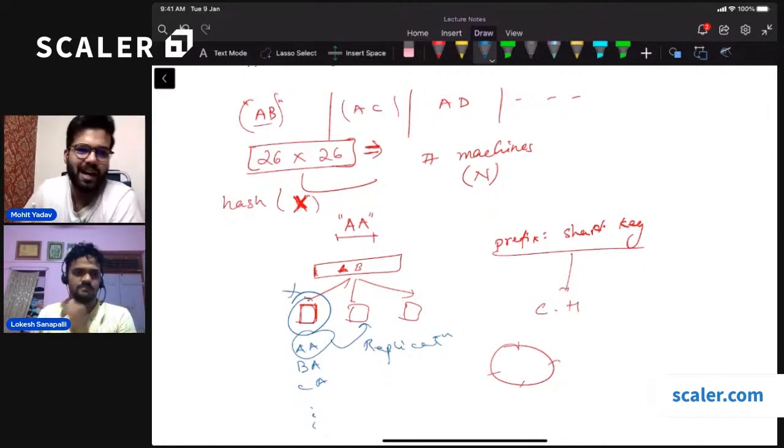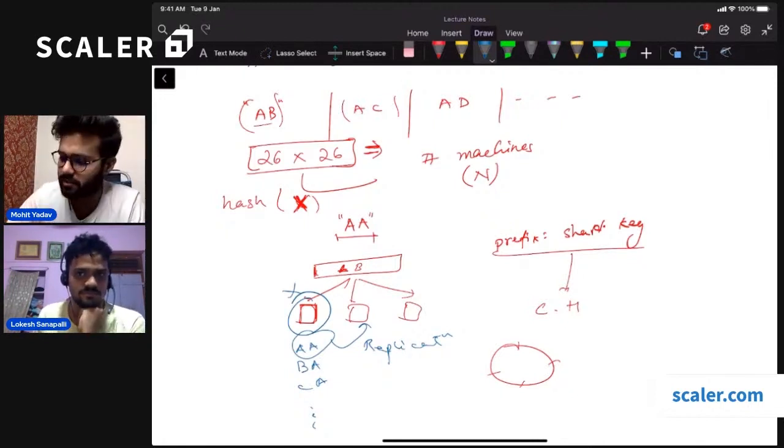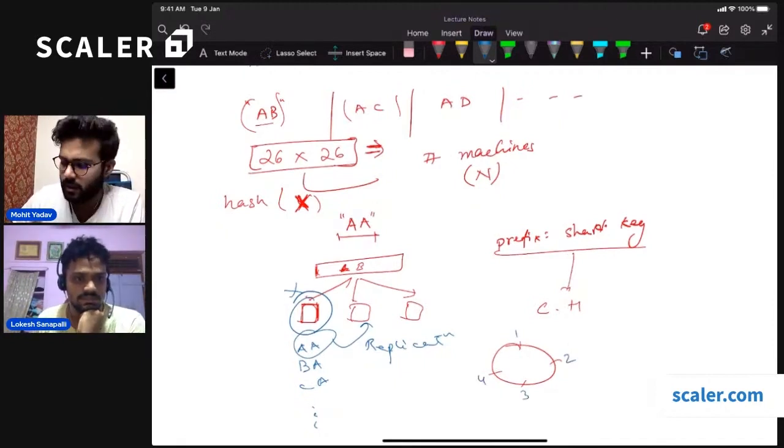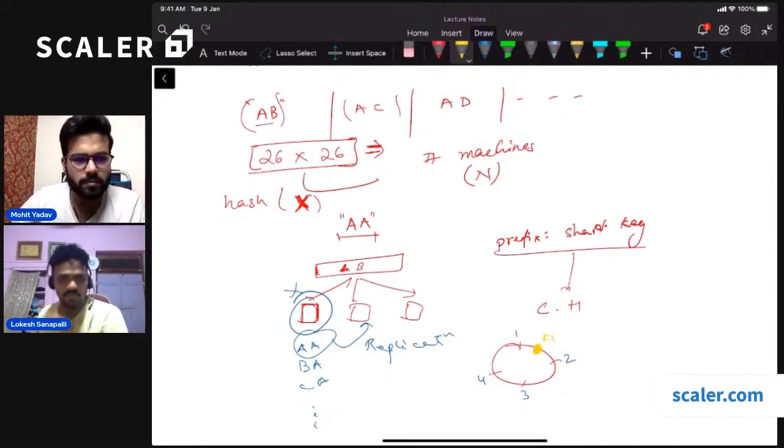I'll quickly ask you a question on consistent hashing itself. Let's suppose these are my server IDs 1, 2, and 3. Now let's suppose I have one object over here, this is key 1.